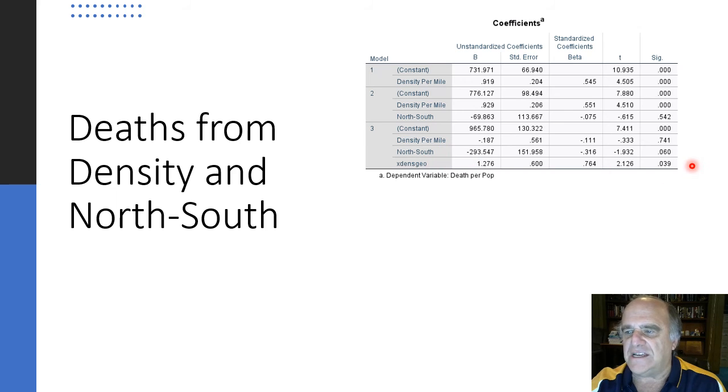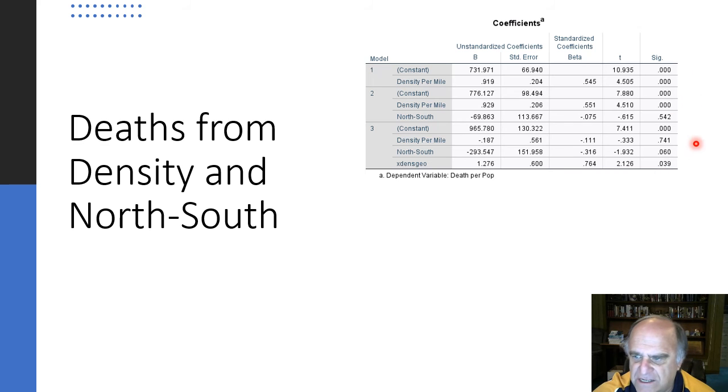Now we can see that we have only one significant effect, and our only significant effect is that interaction variable. Our interaction of density per mile and geographic region is significant, 0.039.